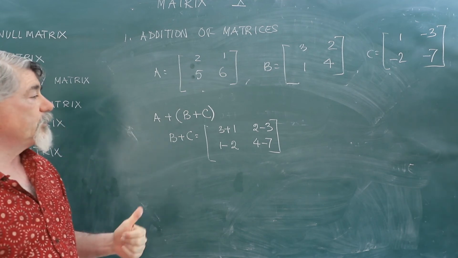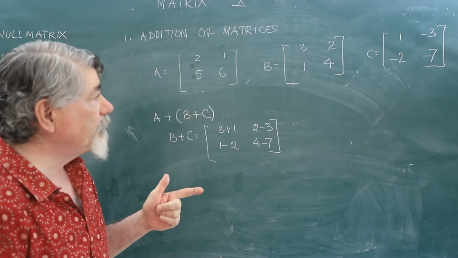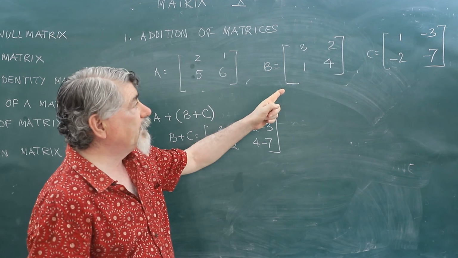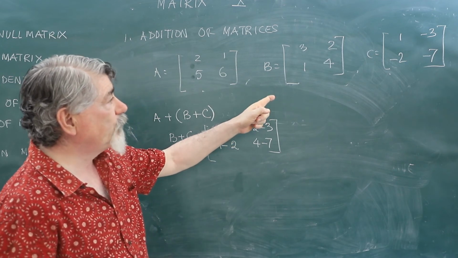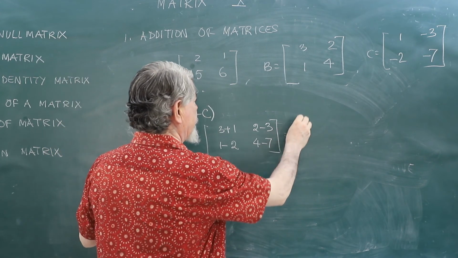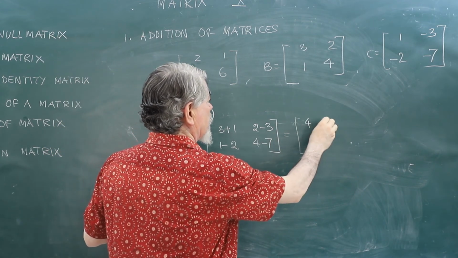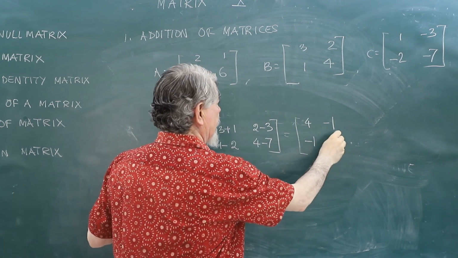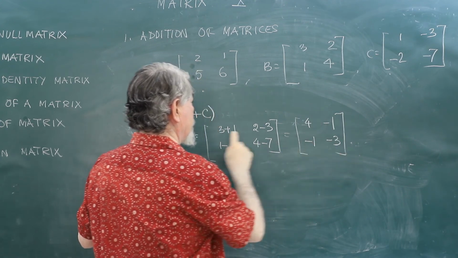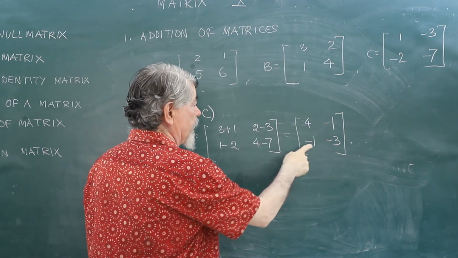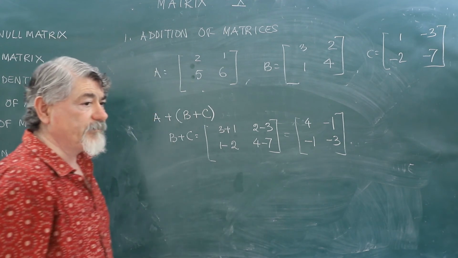First element of the second row of B is 1, and of C is minus 2, so 1 minus 2. Fourth element of B is 4, and that of C is minus 7, so 4 minus 7. So it becomes 4, minus 1, minus 1, and minus 3.